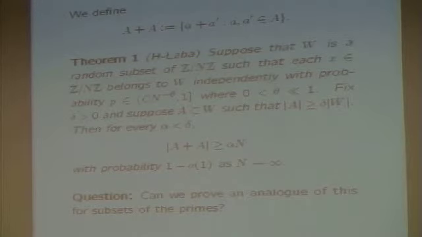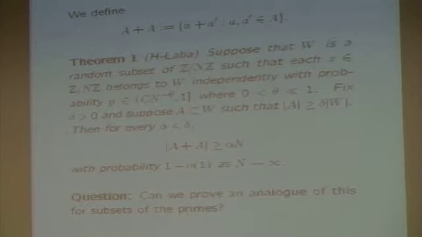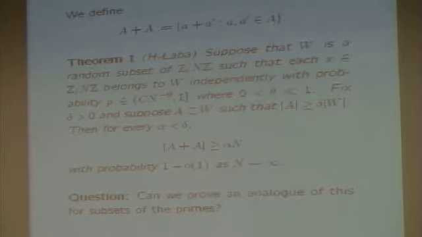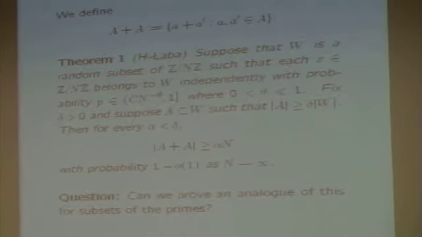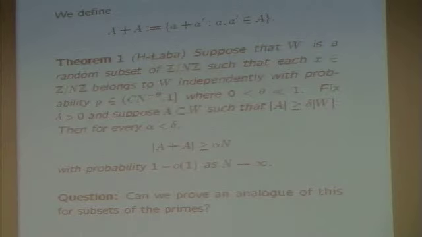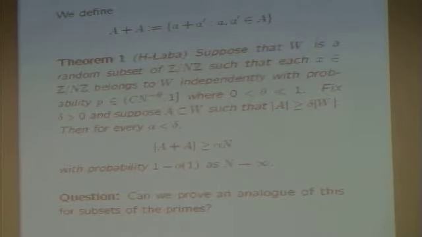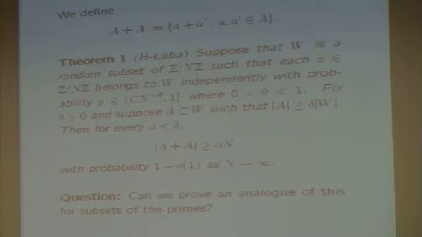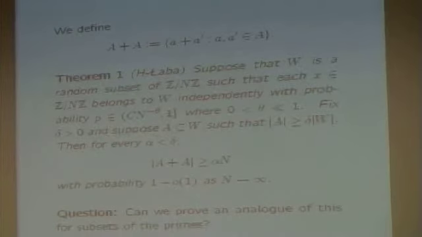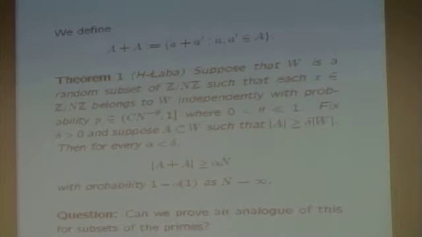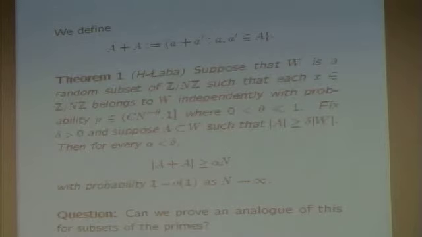We were doing some work on some results that were known in sets of positive upper density, and we looked at what happens when you look at sets of random density. So here we are looking at sets which are random, so we don't require positive upper density, but we have an additional assumption on the set W. If we take W to be a random subset of Z mod NZ, defined with some probability p, and then you take A to be any subset you want of that set W, as long as the size of A is bigger than or equal to delta times the size of W, then you can show that the size of A plus A is bigger than or equal to alpha times N for any alpha less than delta.